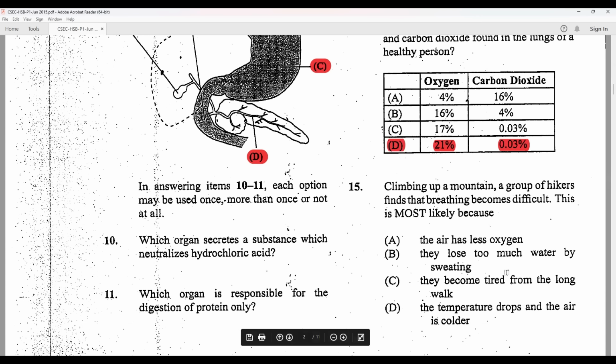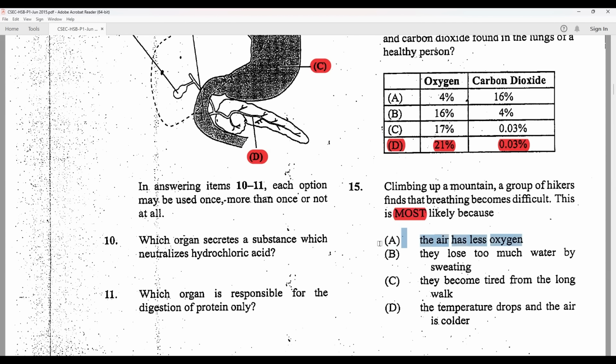Question 15. Climbing up a mountain, a group of hikers find that breathing becomes difficult. This is most likely because as you go higher in the atmosphere and with altitude, there is less oxygen. So they ask for the best answer. You see this most likely in bold.